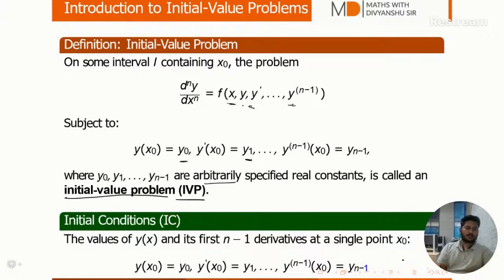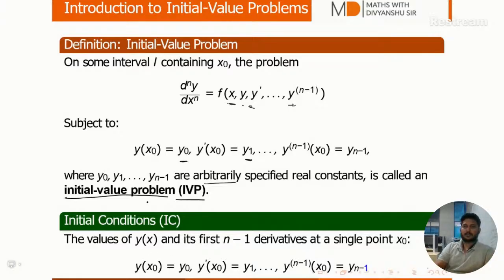So hopefully today I am going to teach you some introduction which is basically based on initial value problem and existence of solution. I'm going to take some example, then explanation.